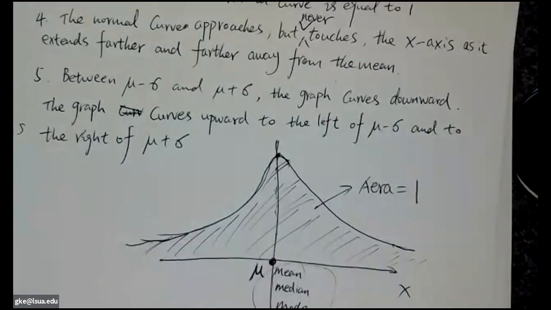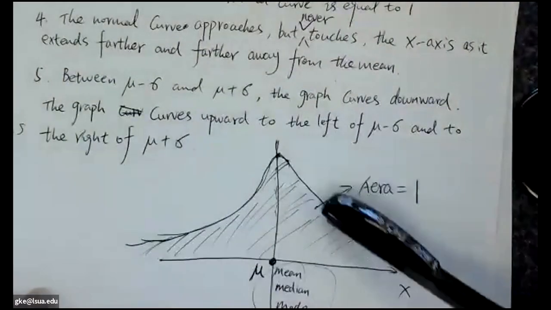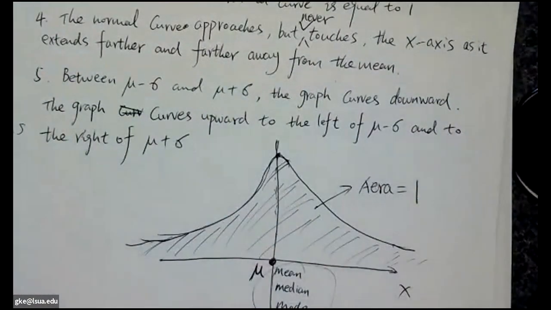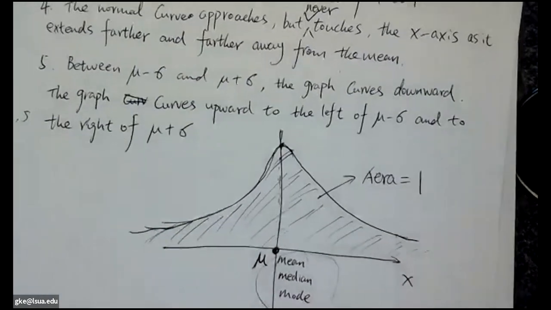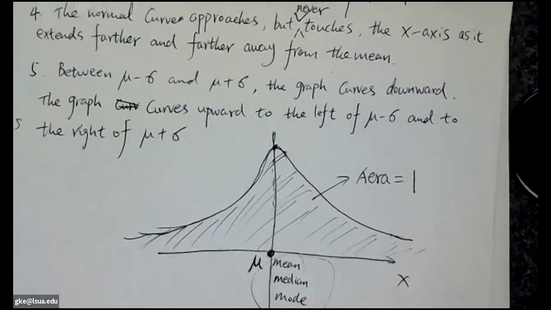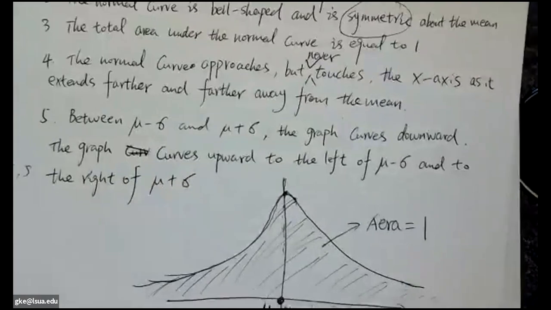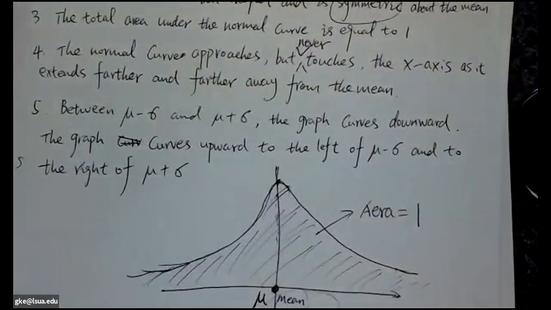Later, we're going to know the area underneath this curve is the probability, okay? So the area underneath the whole curve, we include all the sample. That means probability going to be 1, okay? Now, the fourth one.